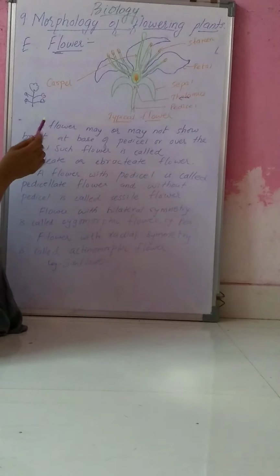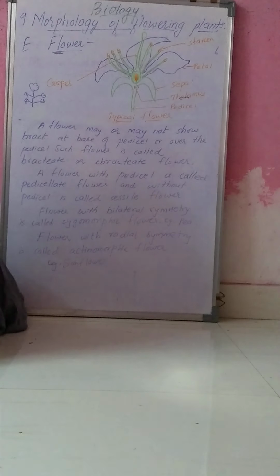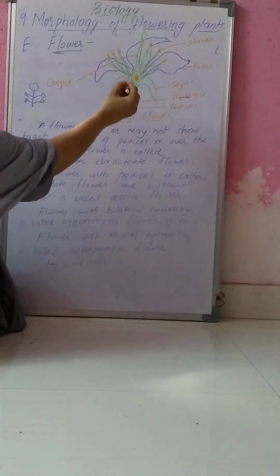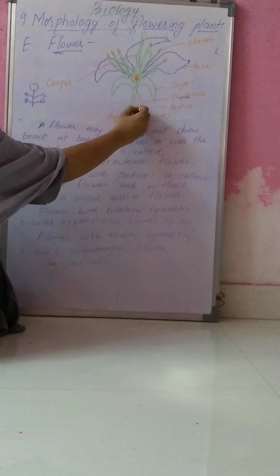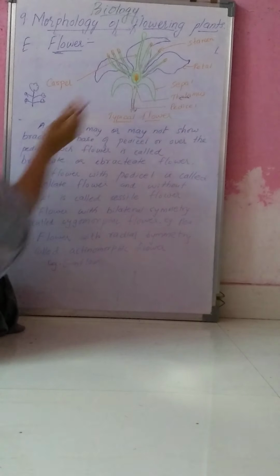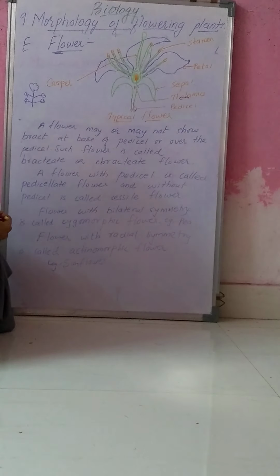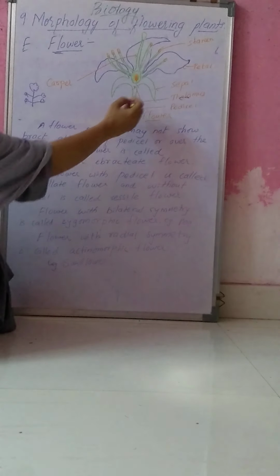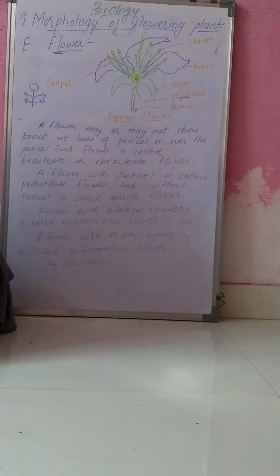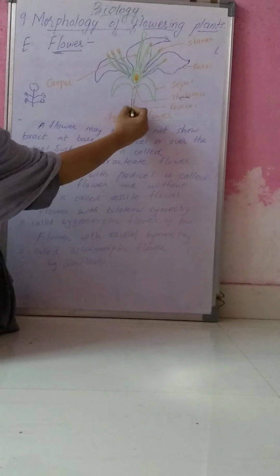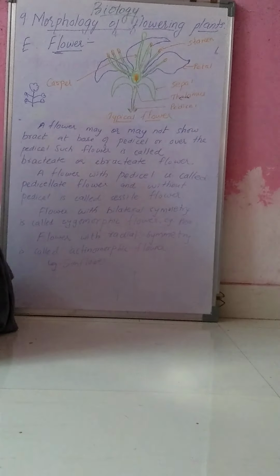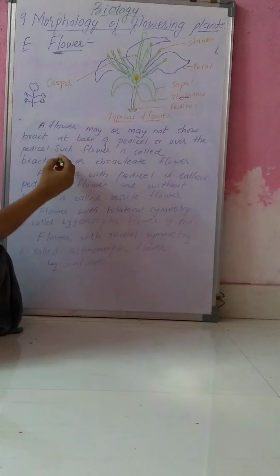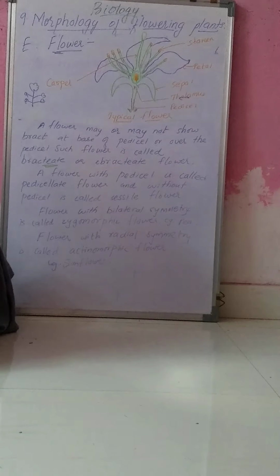Then, if you see a flower, at the base of the pedicel, this is known as pedicel. You can call it the stalk of a flower. So at the base of the pedicel, sometimes we see the bract. If a bract is present at the base of the pedicel, that type of flower is known as bracteate flower.